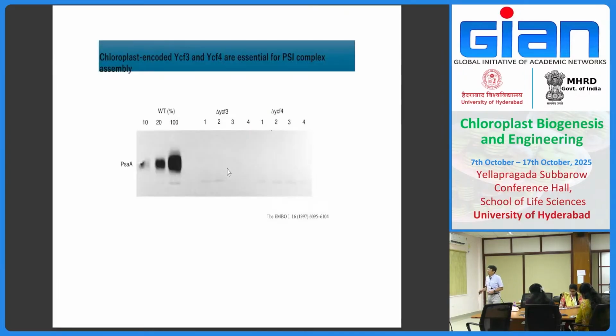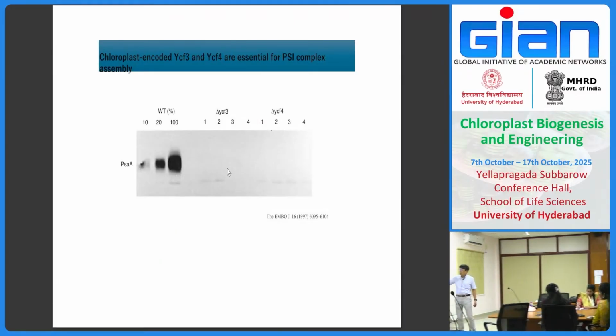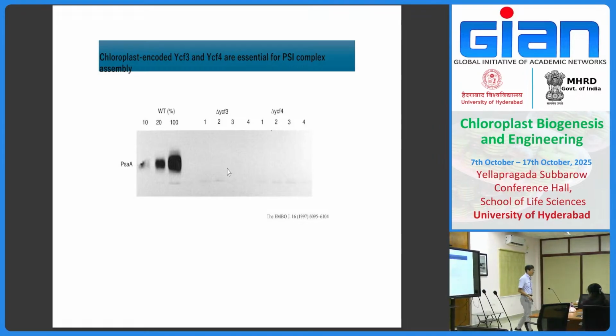Okay, so I didn't show you this data yesterday. When you look at the immunoblotting data using PS1 reaction center protein antibody PSA-A, wild type is 100%, 10% is the dilution. Okay, and then the YCF3 mutant or YCF4 mutant didn't accumulate PS1 protein at all.